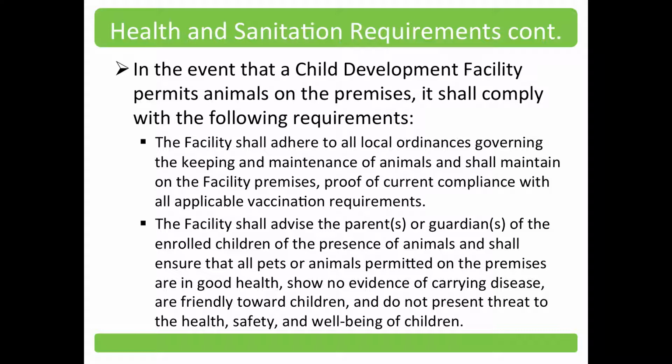The facility shall advise the parents or guardians of the enrolled children of the presence of animals and shall ensure that all pets or animals permitted on the premises are in good health, show no evidence of carrying disease, are friendly towards children, and do not present threats to the health, safety, and well-being of children.